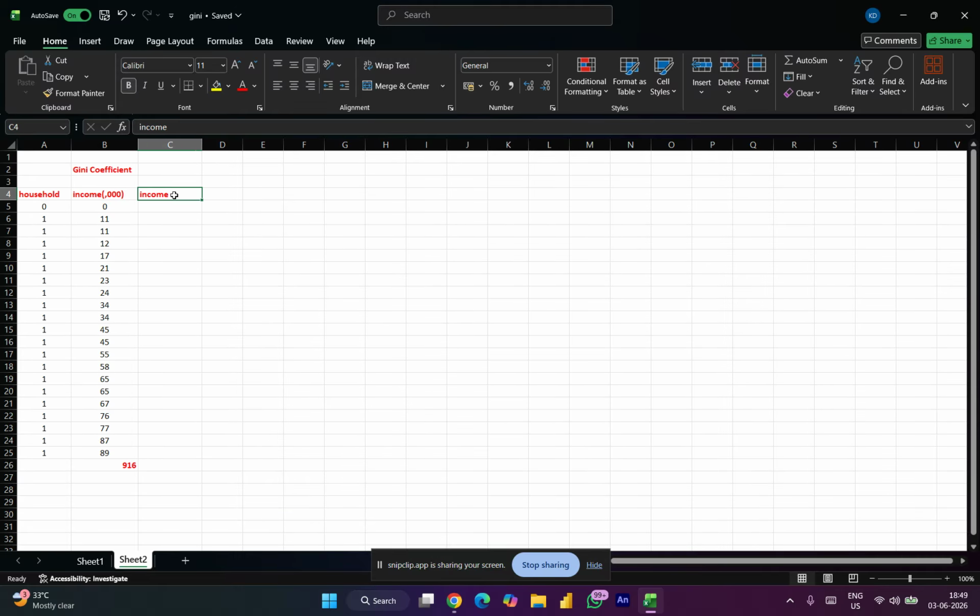Income share of each household. So zero is zero. Income share means, out of total income, what is the share of these households.